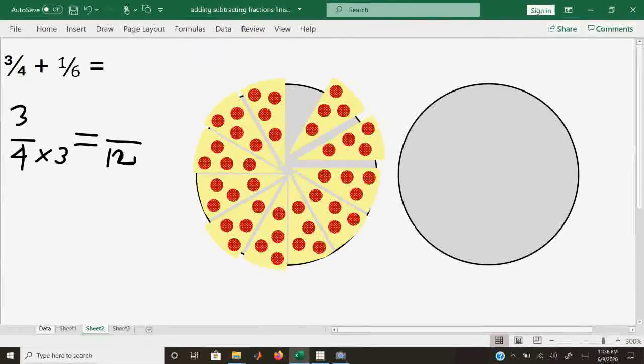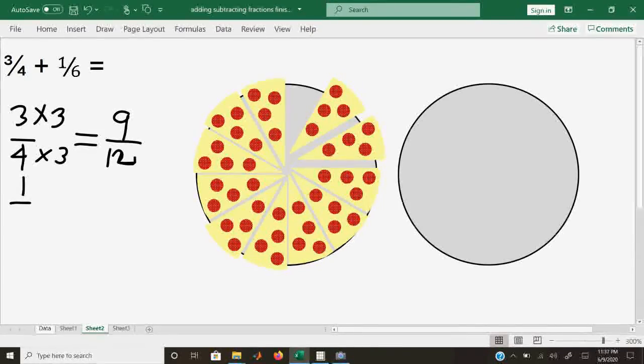So if we break it into 12s, we have 3 times as many pieces as we had when we broke it into fourths. So we have to multiply the numerator by 3 as well. It takes 9/12 of a pizza to make the same amount of pizza as 3/4.